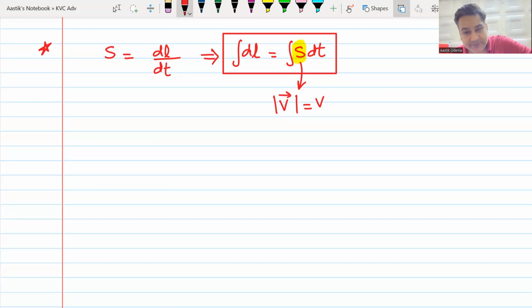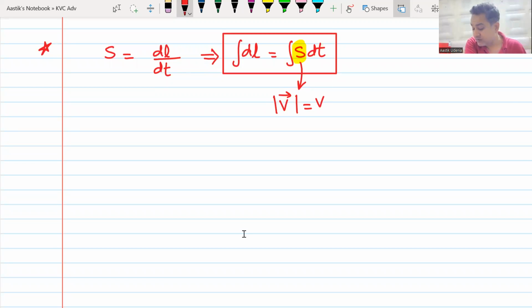V without the vector sign means it is the magnitude of velocity, and that magnitude of velocity is known as speed. Do we understand this? Everyone understands this? Okay. This is how you can find out the distance traveled.